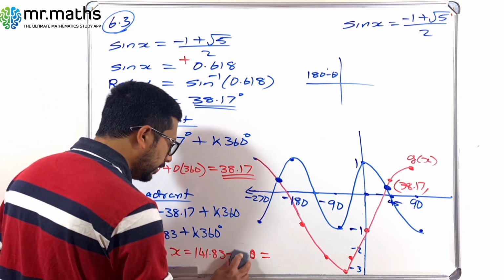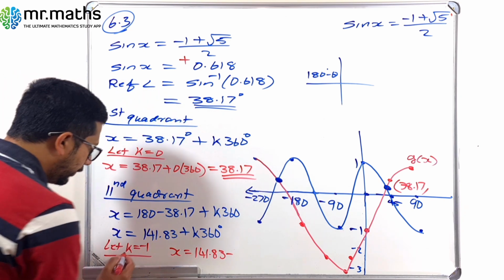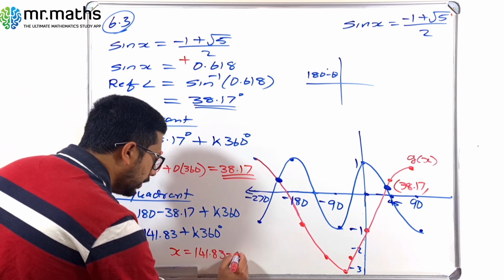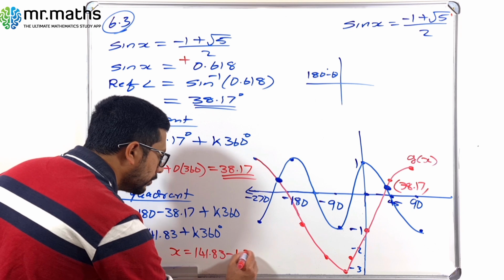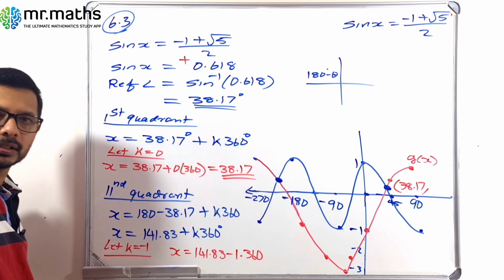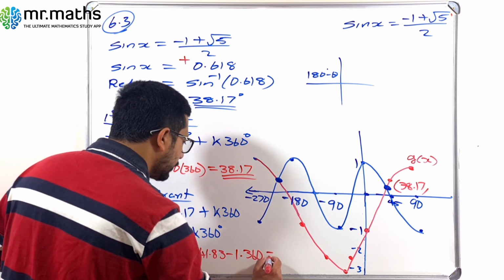Let me write it like this for you to avoid mistakes. What did I substitute? The value of k as minus 1. So 141.83 minus 1 times 360. So 1 times 360 is minus 360, am I right?